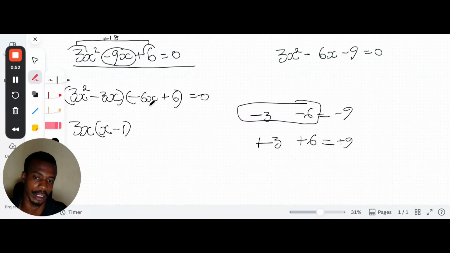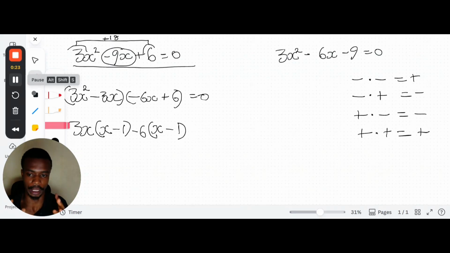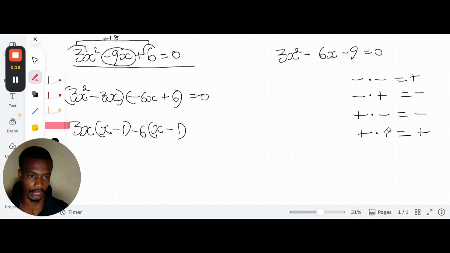Okay? Now bring out the common factors here. What is the common factor? The common factor is minus 6. Minus 6x can be divided by minus 6 to give you x, right? Minus 6 times x is minus 6x. Then plus 6 can be divided by minus 6 to give us minus 1. Multiplication and division are basically the same thing. They just work in opposite directions. Because they are the same thing, the rule is still the same.